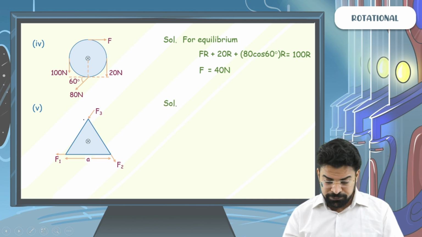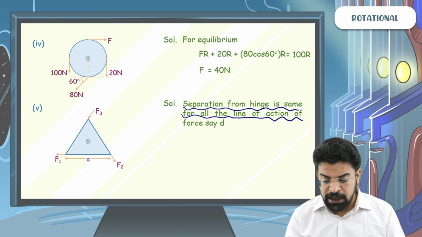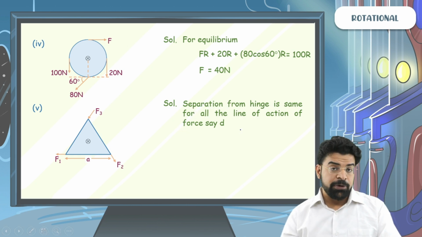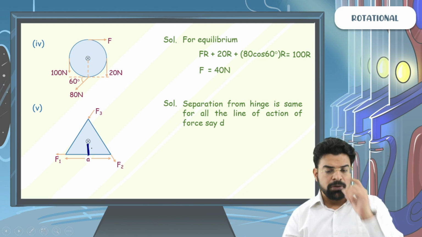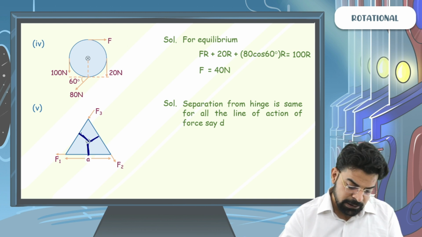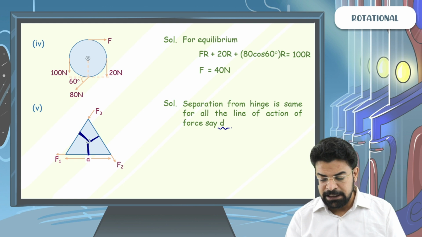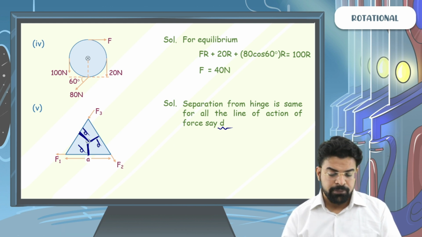We can say the separation from the hinge is the same for all the lines of action of forces. For F1, this is the perpendicular distance, for F2, this is the perpendicular distance, and for F3, this is the perpendicular distance. Let's call this distance d.